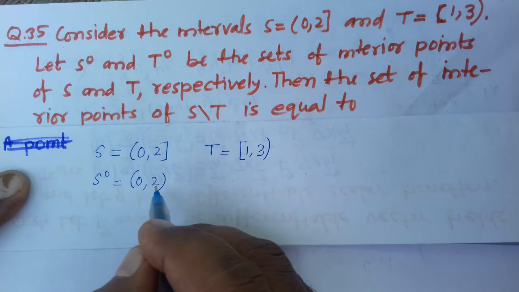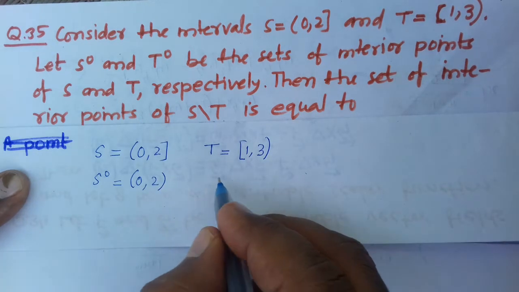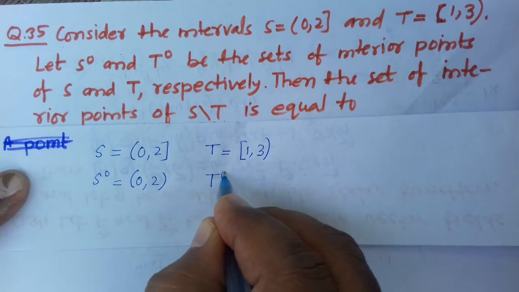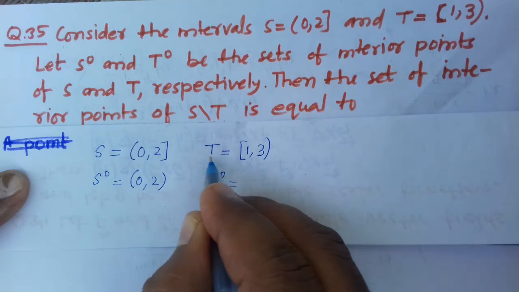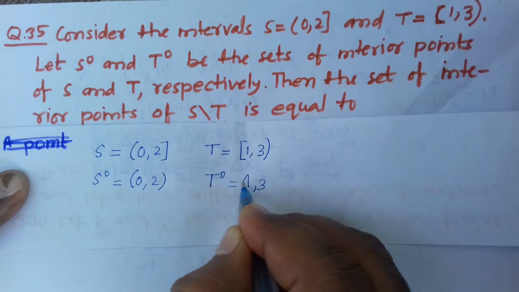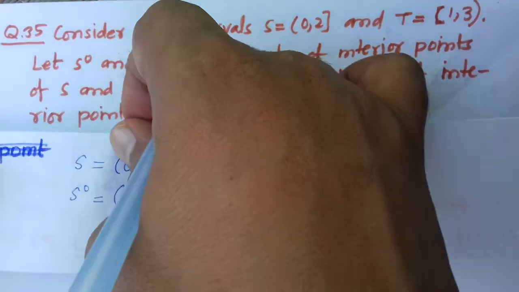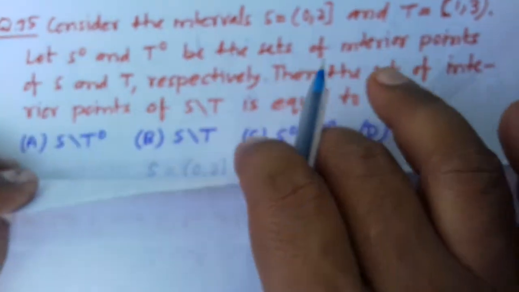So 2 is not included in the set of interior points. In the same way, T degree, the set of interior points of T, will be 1 to 3, and 1 will be excluded.